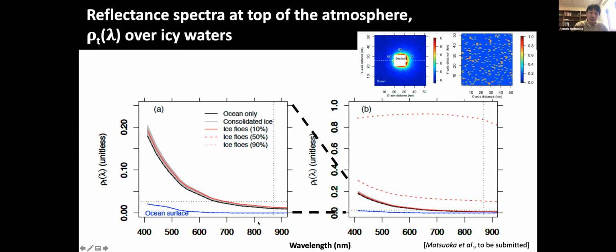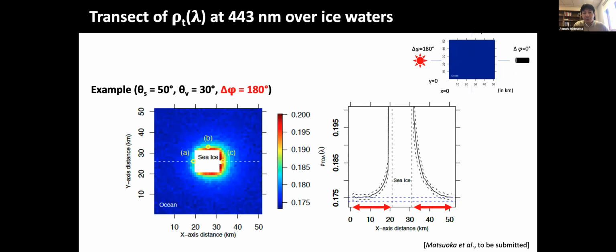When you increase the sea ice concentration to 50% or 90%, this is what we get. So clearly, sea ice influences the top of the atmosphere reflectance, as expected. Now I'm showing you the top of the atmosphere reflectance along this transect.